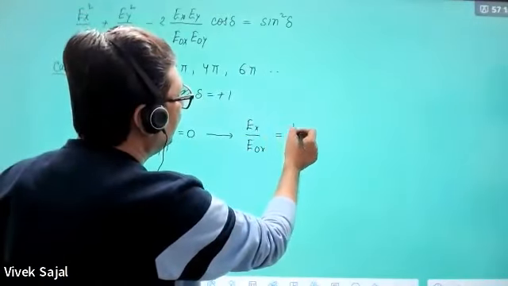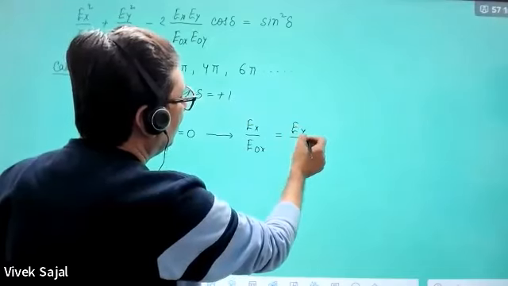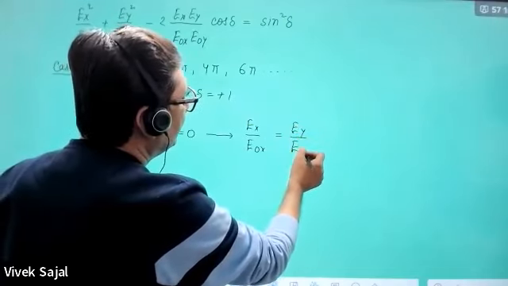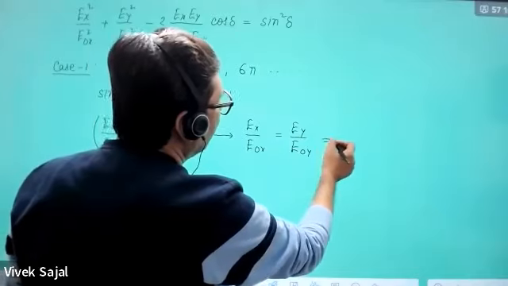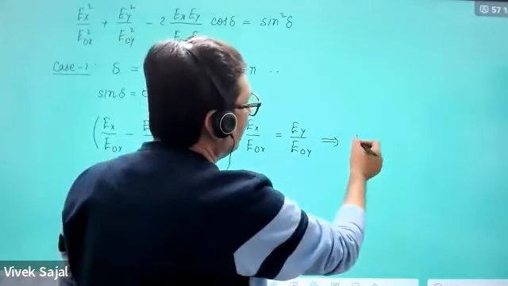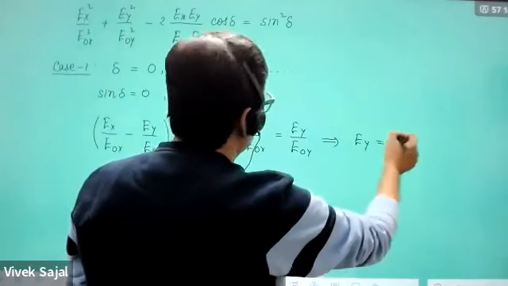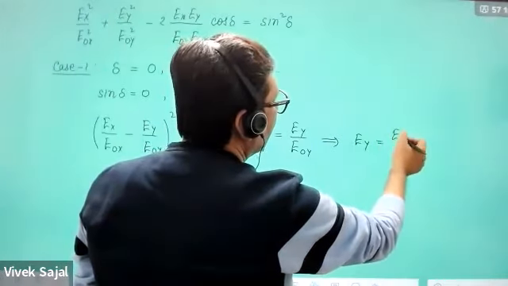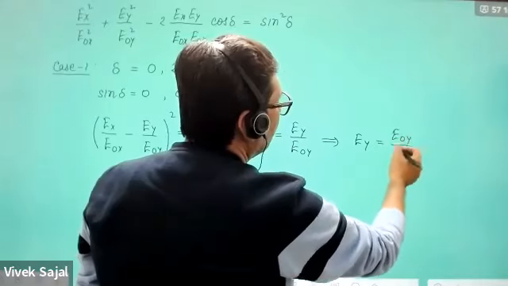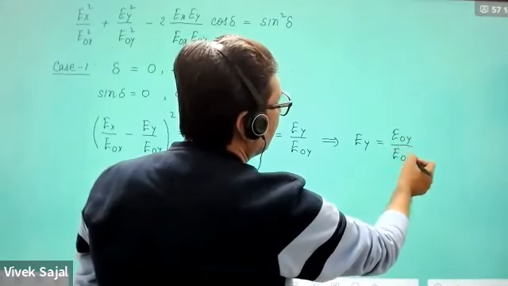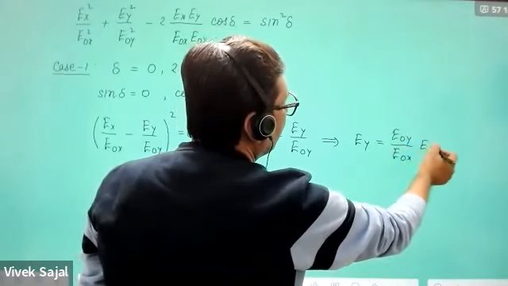So this will be Ey upon E naught y. So how can you write this? I can write this as Ey equal to E naught y by E naught x, and this will be Ex.